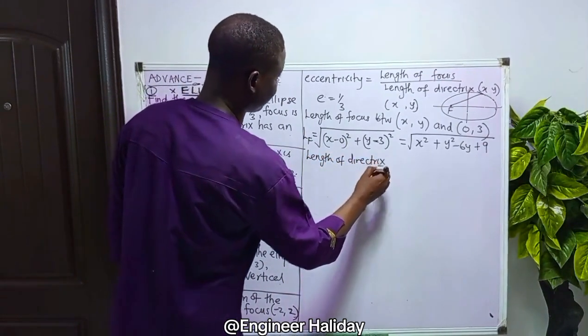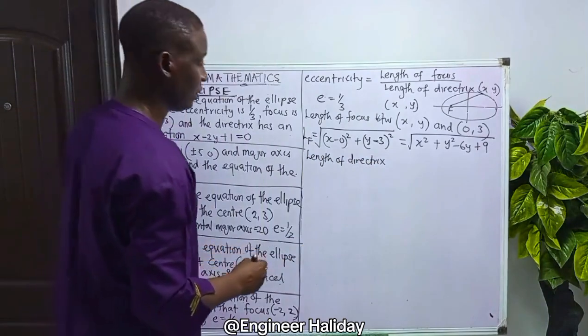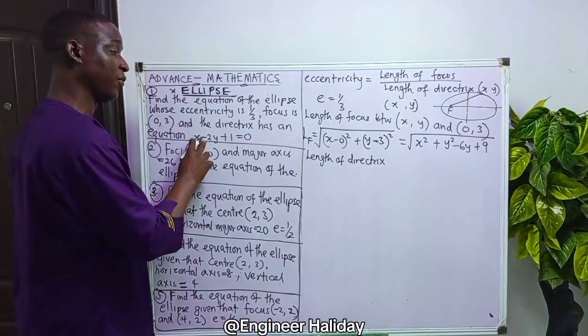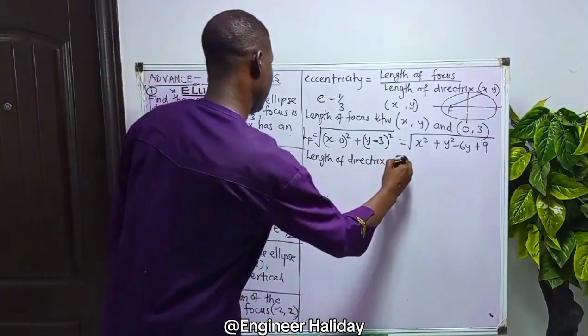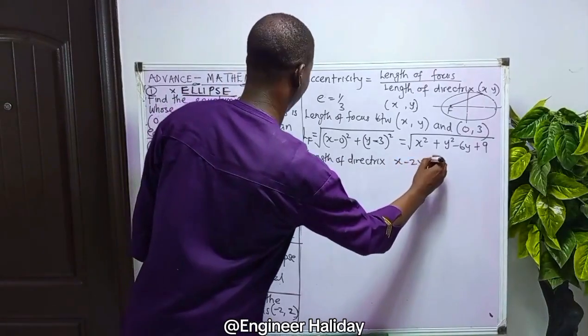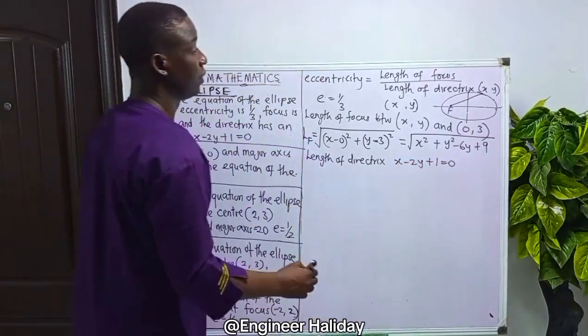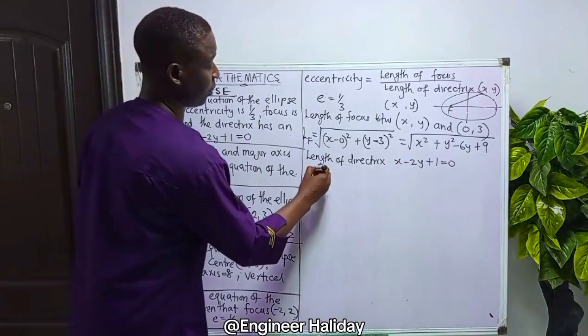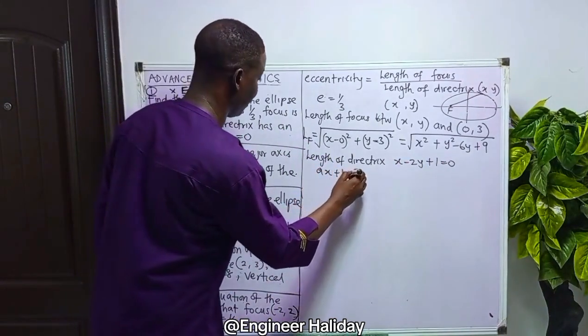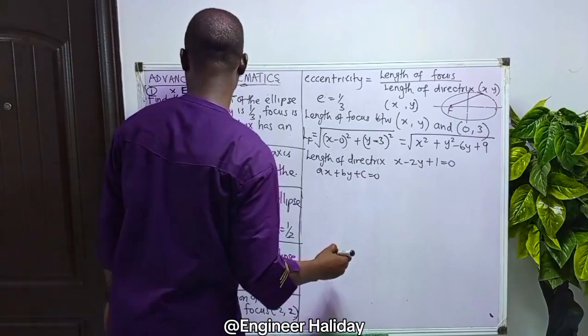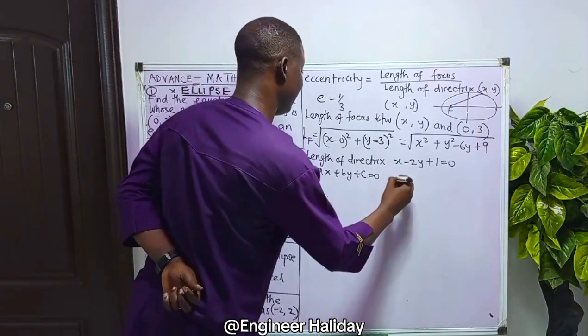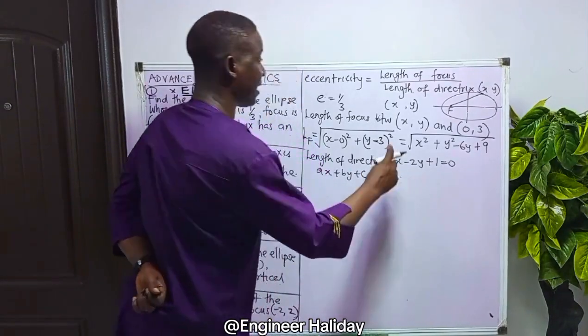Let's look for the length of the directrix. The directrix is given as x minus 2y plus 1 equal to 0. So when you are given ax plus by plus c equal to 0, how do we find the length from an external point?